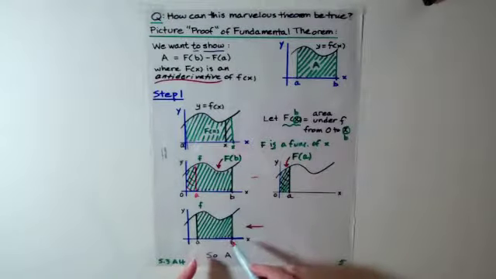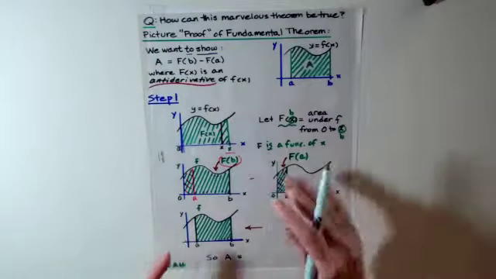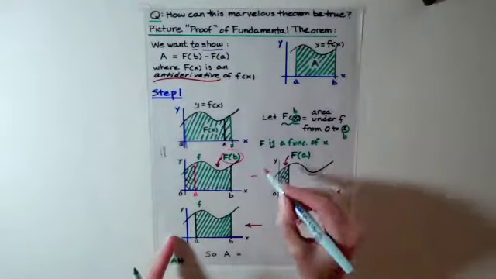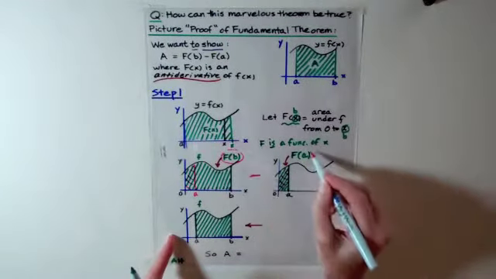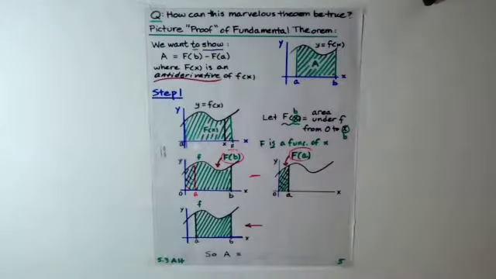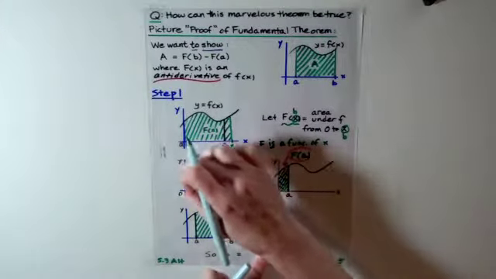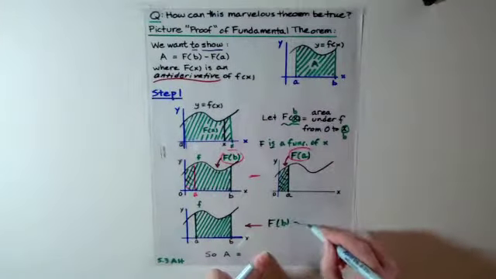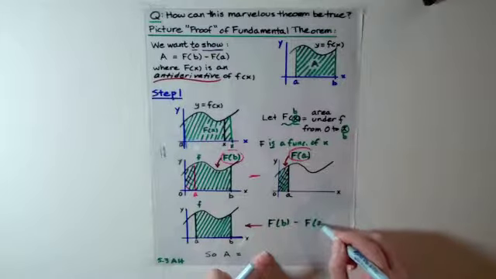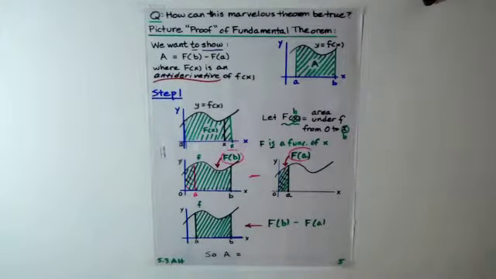So this area would be the original area that I had here, F of b, minus the area that I have over here. So I could write this is equal to capital F of b, this whole area, minus capital F of a, this little area here, and that gives us the area in between those two.